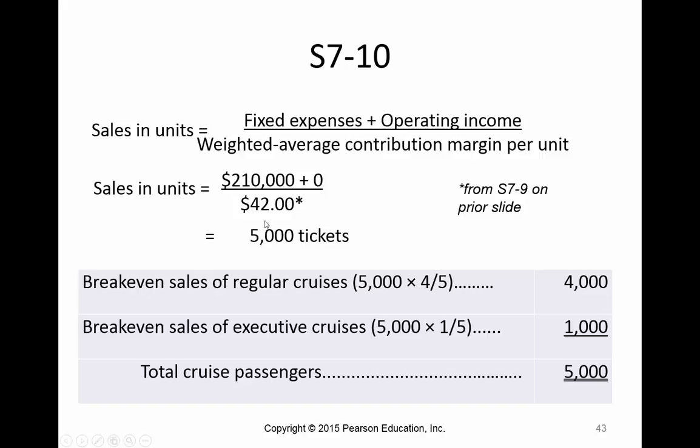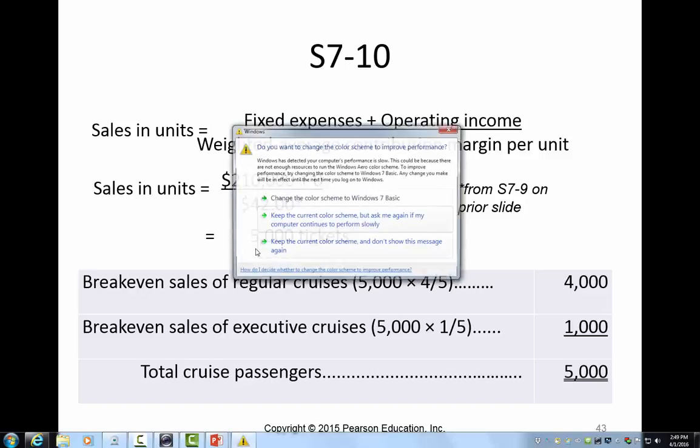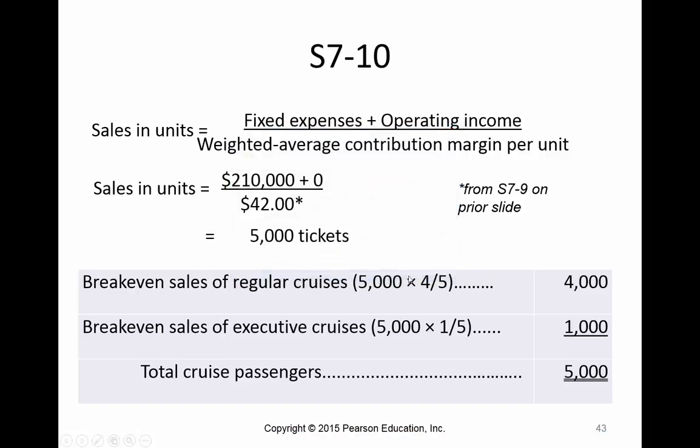So how many tickets do we need to sell total? We need to sell 5,000 total. But remember, of those 5,000, 4 out of 5 are going to be regular and 1 out of 5 are going to be the executive. So multiply 5,000 tickets by 4/5 and by 1/5 to get the total number of tickets you'll need to sell for each one of those total cruise passengers of 5,000.